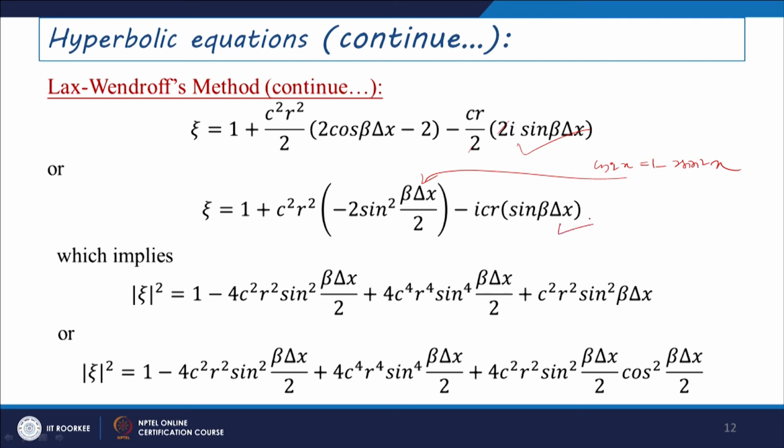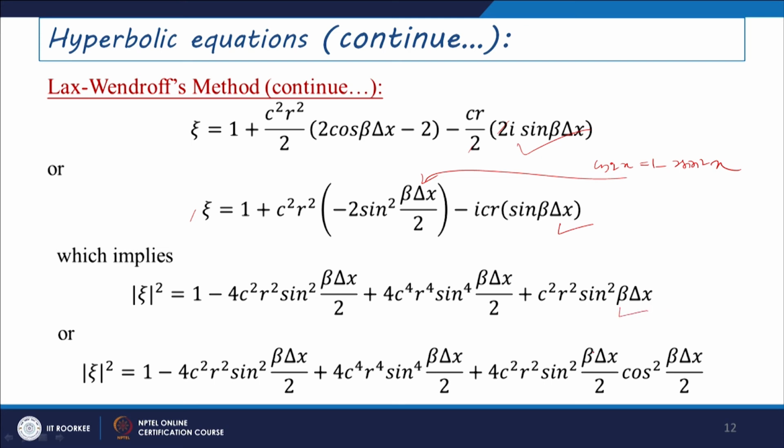Which implies that we can write the absolute value of zeta square, and then we can obtain this series expansion as 1 minus 4 c square r square sin square beta delta x by 2 plus 4 c fourth r fourth sin fourth beta delta x by 2 plus c square r square sin square beta delta x by beta delta x here.